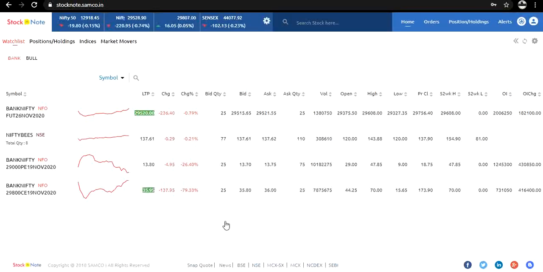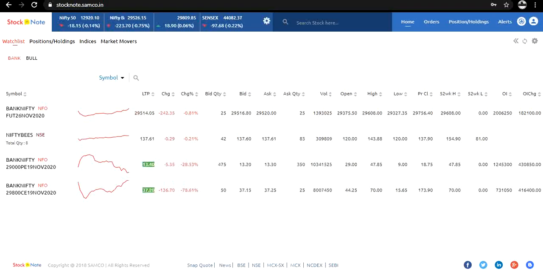So traders, I am opening my account of Samco where we will see the prices of options. So here you can see, traders, the 29,000 put is currently trading at 13 rupees and the 29,800 call is trading at 36 rupees.